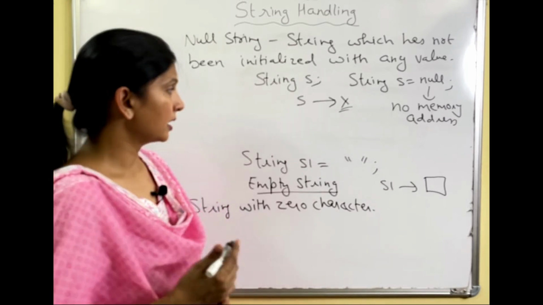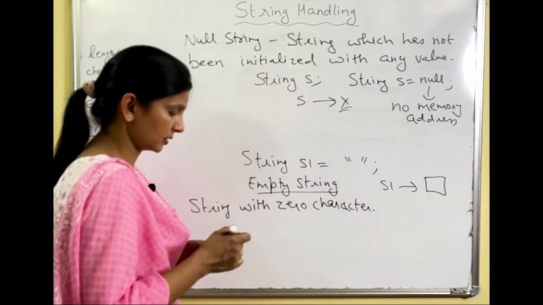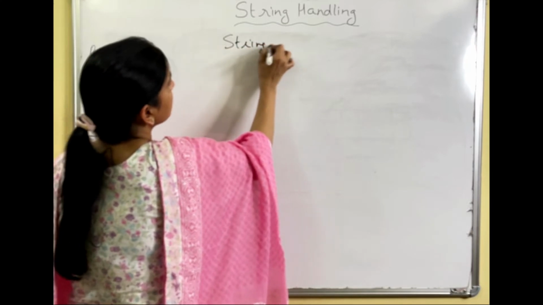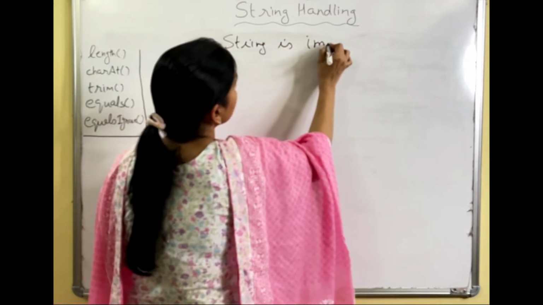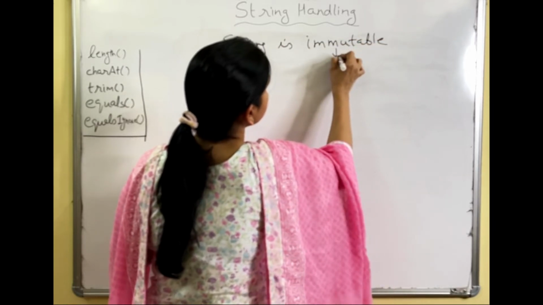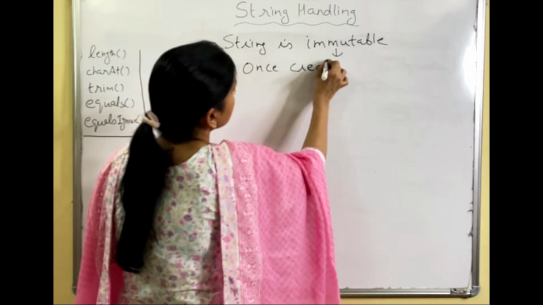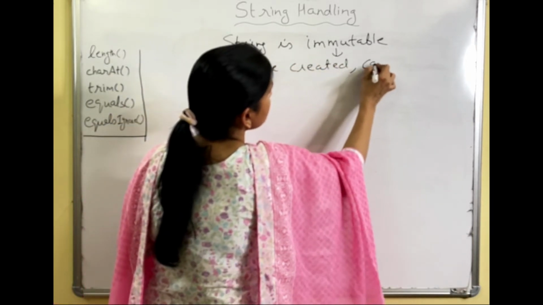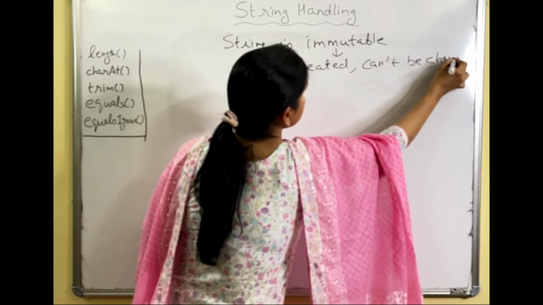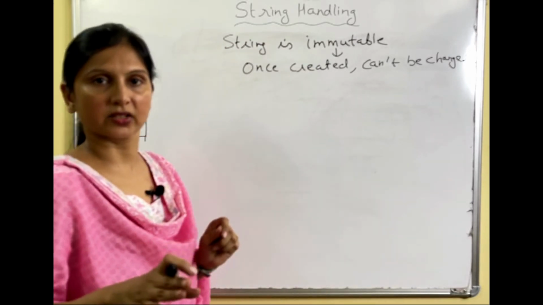Fine. Now one more term is there, and that is immutable. So we say string is immutable. What does immutable mean? Immutable means once created, it can't be changed. It means if you have created the string, you cannot make changes in the string.